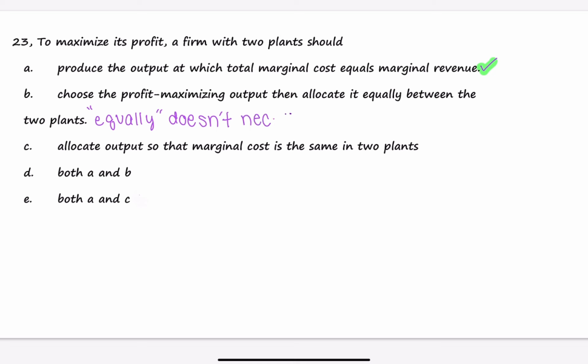It could, but it's not actually a rule that it will. Allocate output so that marginal cost is the same in two plants. This is true. So our answer is both A and C.